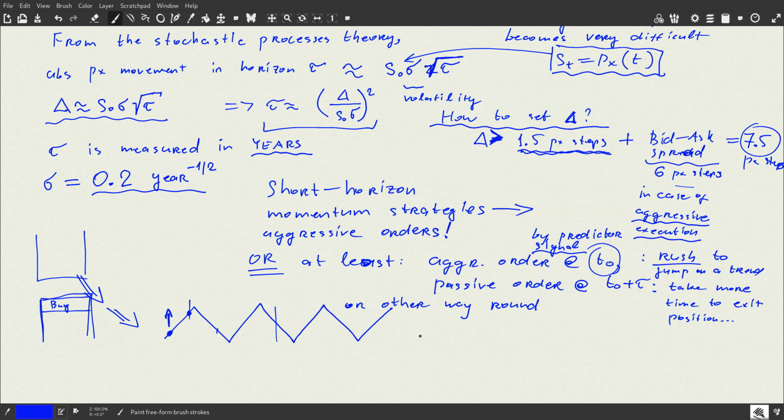And in that case, let's say fully aggressive execution, delta minimum is, as we say, 7.5 price steps.